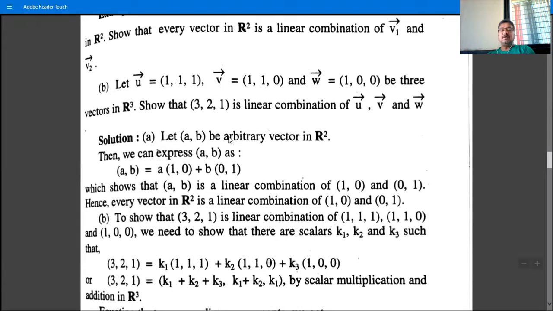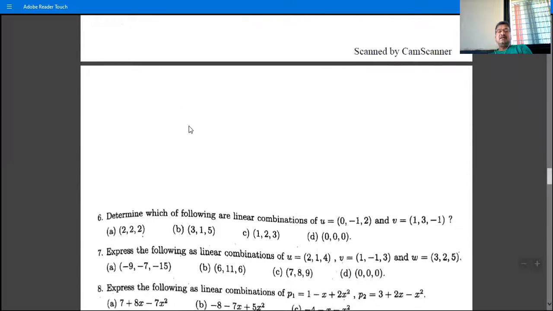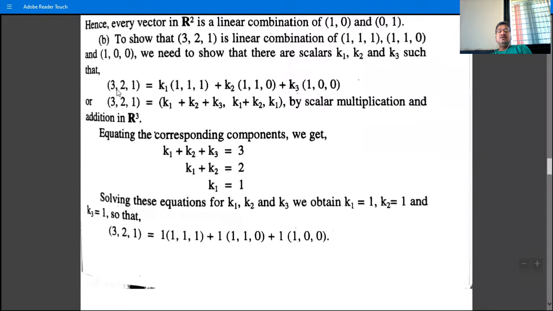Then the first sentence is: let k1, k2, k3 be scalars such that this vector is equal to k1 u bar plus k2 v bar plus k3 w bar. Write that first sentence, and then substitute the values: (3, 2, 1) is equal to k1 into u bar plus k2 into v bar plus k3 into w bar. Then apply the definition of scalar multiplication and vector addition.